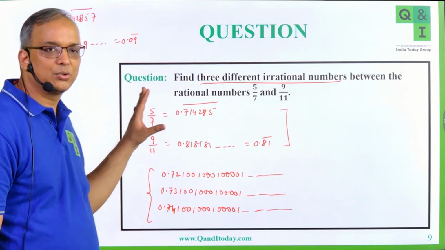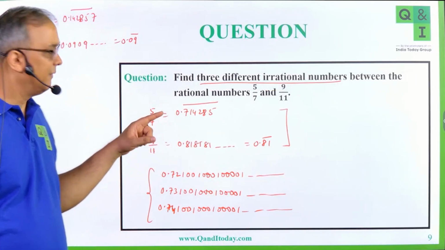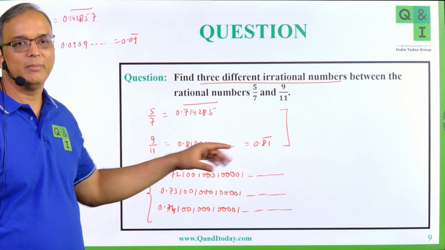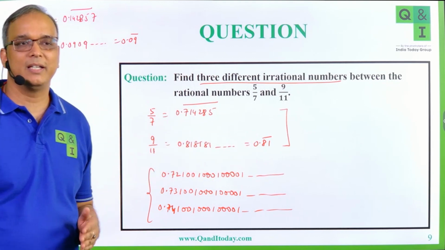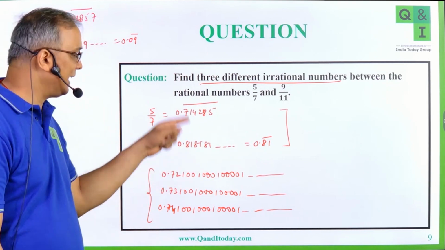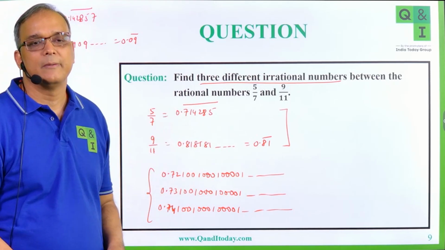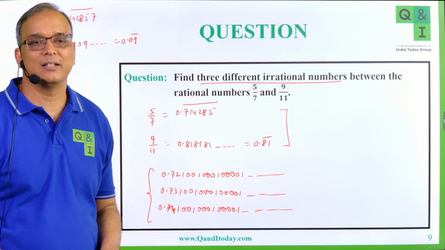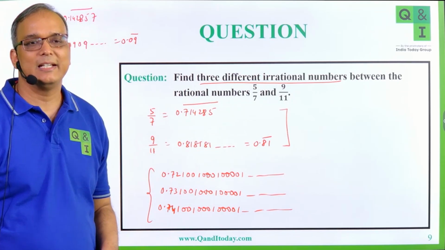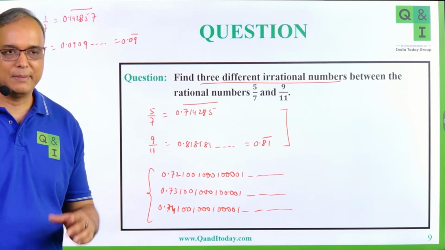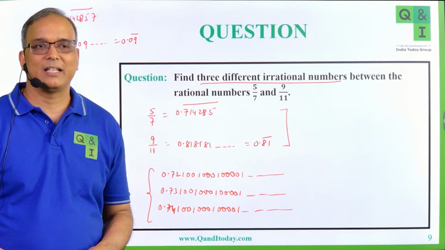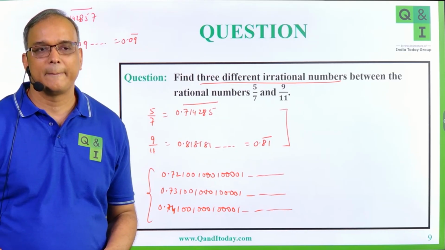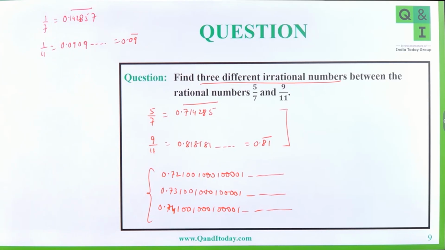We convert 5 by 7 and 9 by 11 into decimal form and then write three non-terminating, non-recurring decimals lying between these two. So we get three different irrational numbers between these two rational numbers. Is this clear? If it is clear, please give me a thumbs up, or write it in the chat or unmute and tell me. Okay, let's move to the next one then.